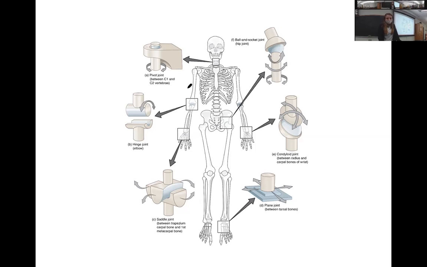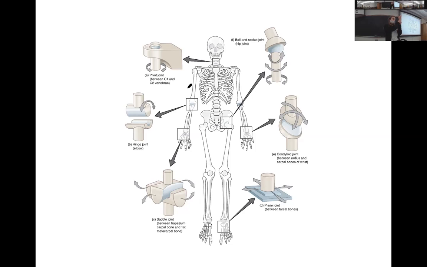Then you've got the ball and socket joint that says in your hip, which you can also try where you're at. Maybe you move your leg forward and backward, side to side, like a ball and socket. So kind of like moving my fist in my hand here. You've got the hinge joint at your elbow and at your knee. You have a saddle joint between your trapezium, your carpal bone, and your first metacarpal bone.